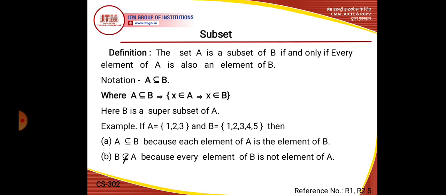A is a subset of B. Here A is a subset and B is called superset, which implies that if x belongs to capital A, it implies that x also belongs to capital B. So this is the definition of subset.